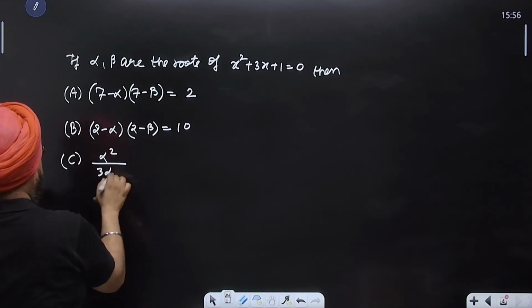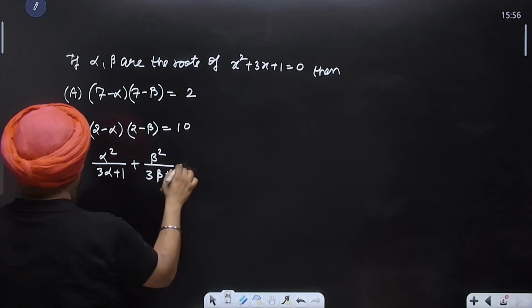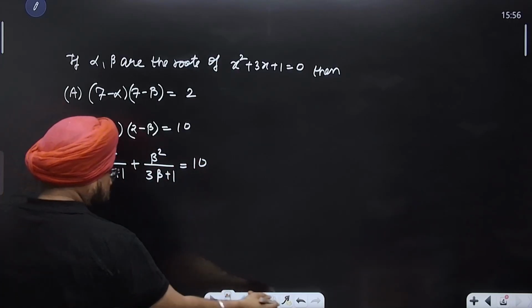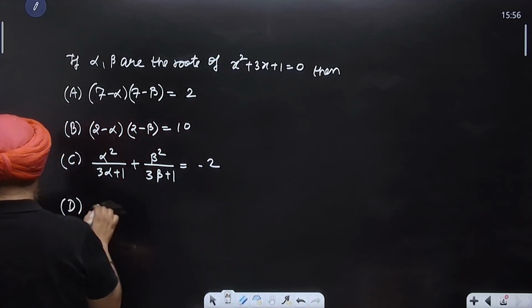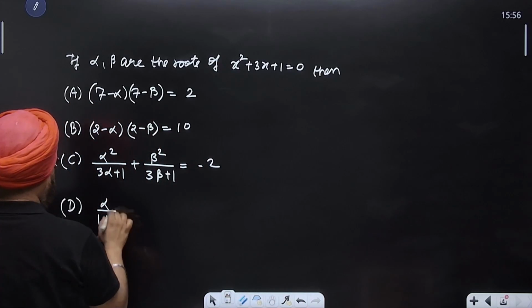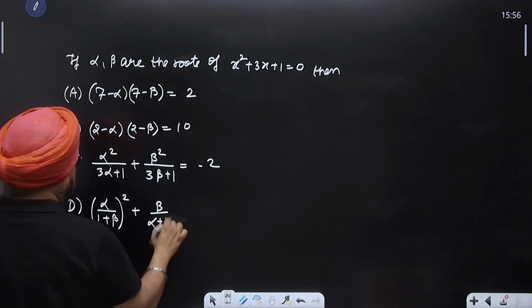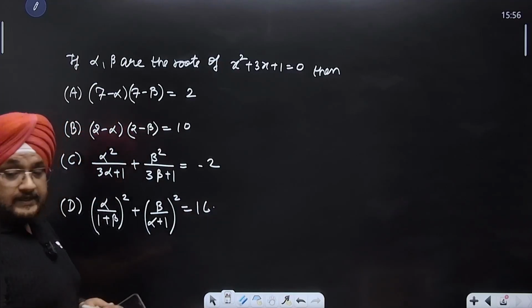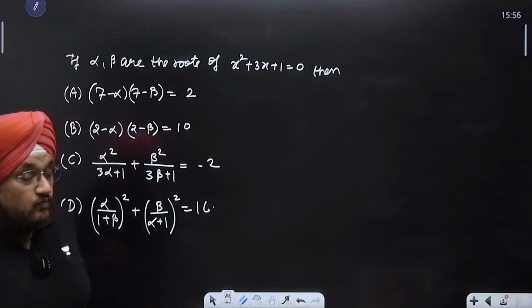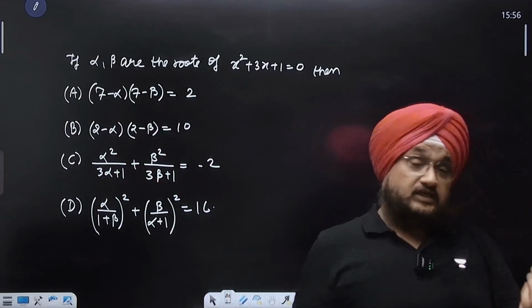Alpha square upon 3 alpha plus 1 plus beta square upon 3 beta plus 1 is equal to minus 2. And the last option is 60.